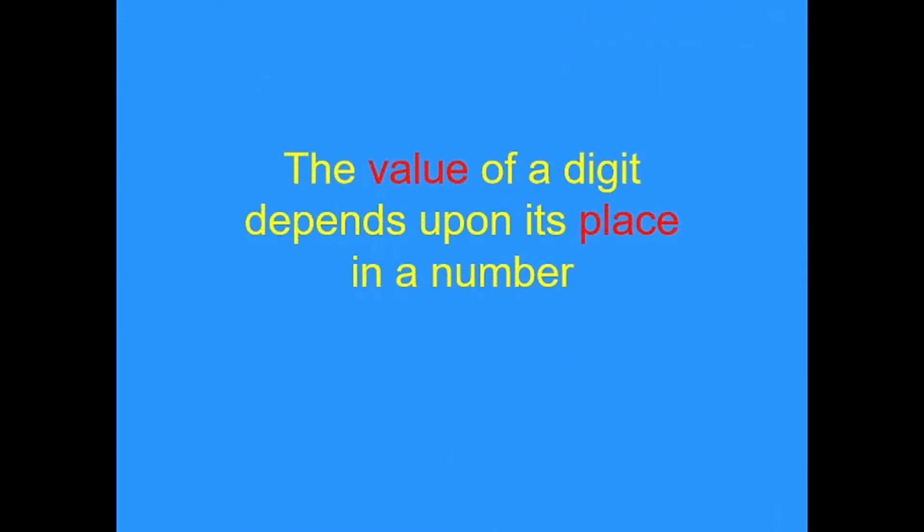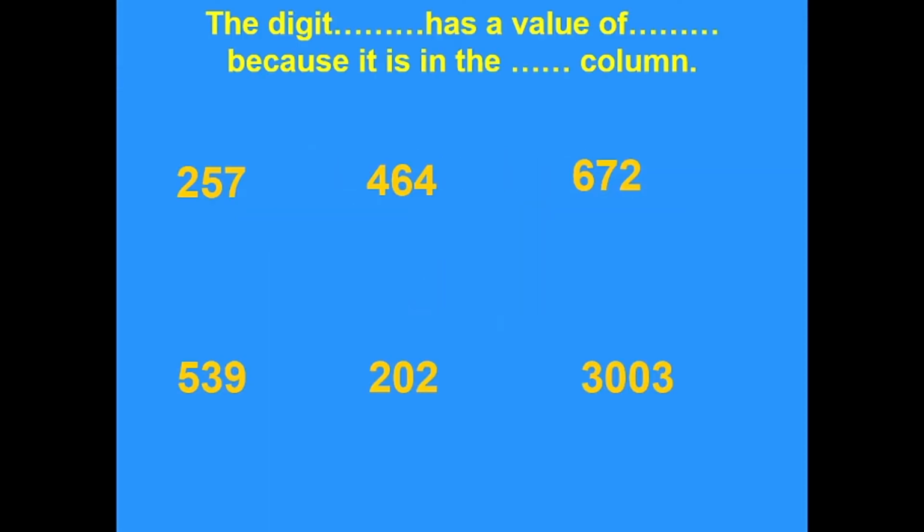Let's have a short review about place value. Remember that the value of a digit depends upon its place in a number. What does it mean? Here, we will identify the value of the given digit. Let's have 2.